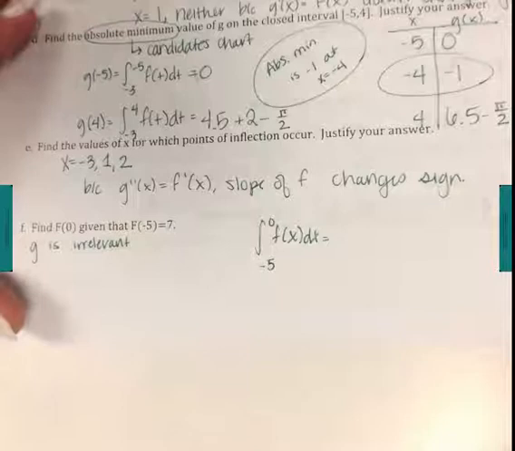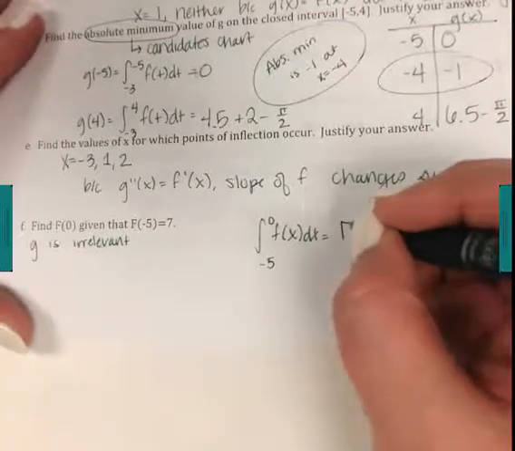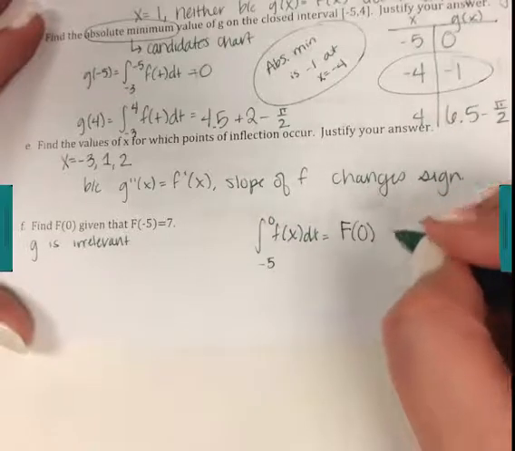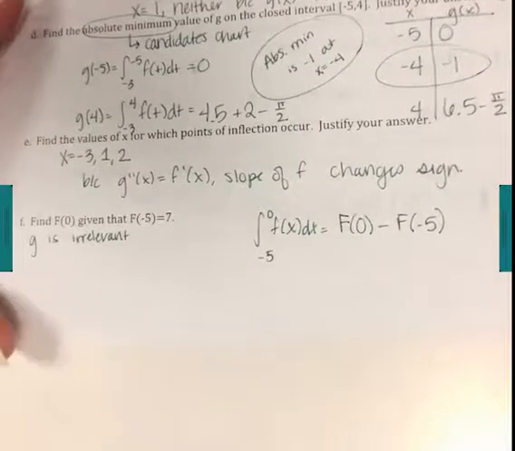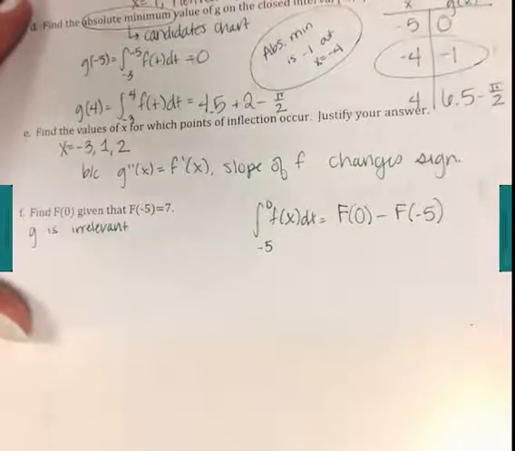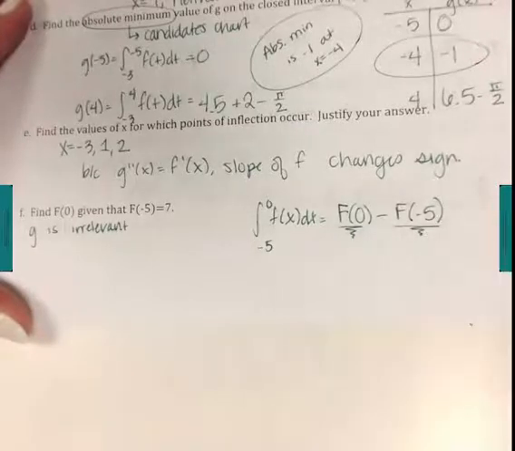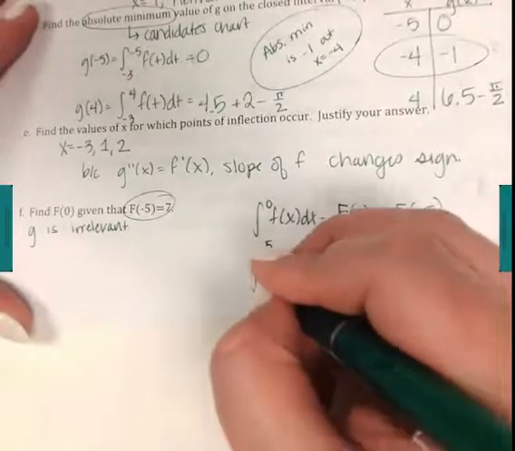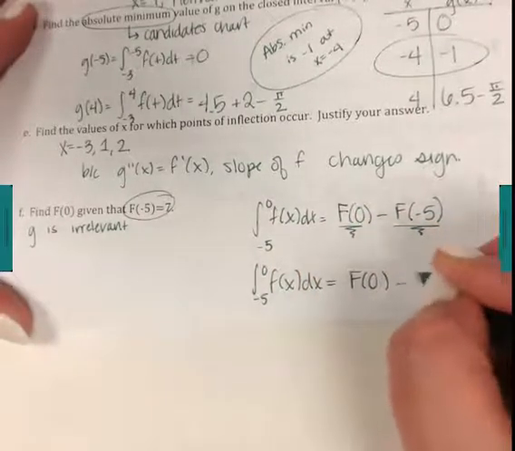Here's why. What's the antiderivative of little f from -5 to 0? This is one of your rules. Capital F at 0 minus capital F at -5. Remember, that's the fundamental theorem of calculus, right? So if I want f of 0, and they're telling me f of -5 is 7, then that means that the integral from -5 to 0 is f of 0 minus 7.